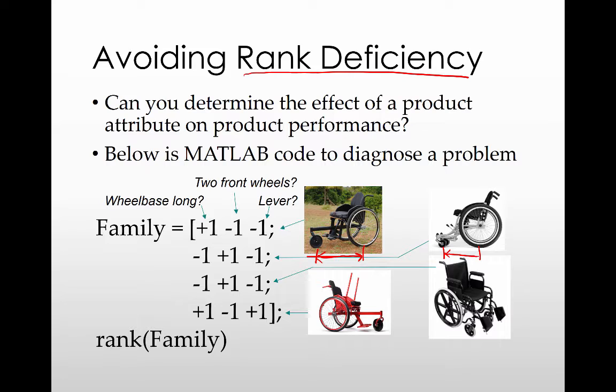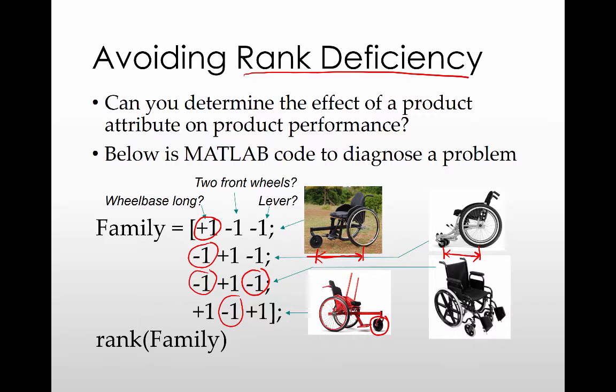So when we put them in our matrix, they have different entries, plus here and minus here, because they have different values. Same thing with whether or not the product has a single front wheel. This one has a single front wheel, so it gets a minus for 2 front wheels. This one over here has a short wheelbase, and it doesn't have a lever, so it gets a minus for lever, and it gets a minus for wheelbase long.